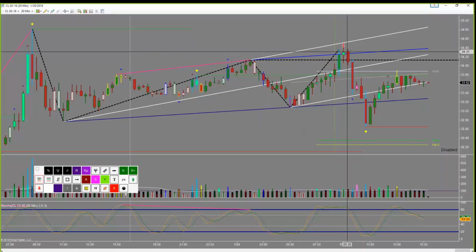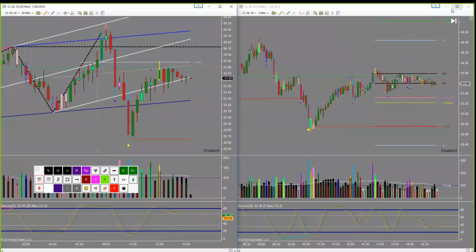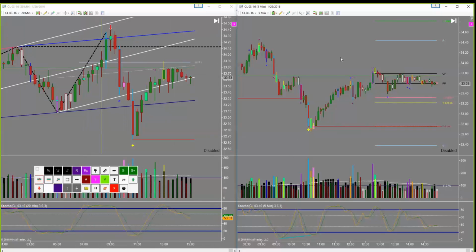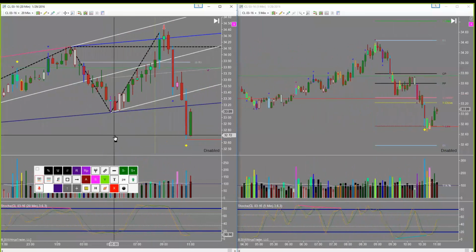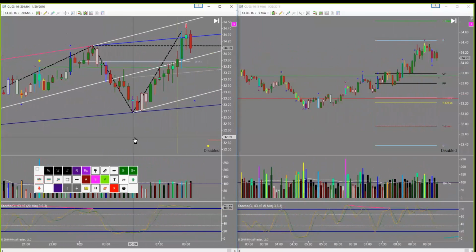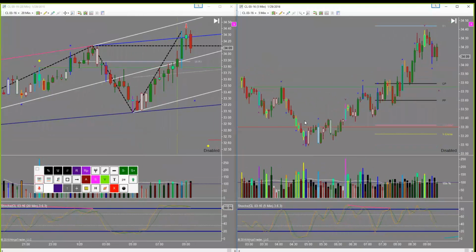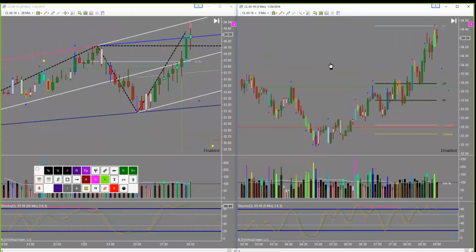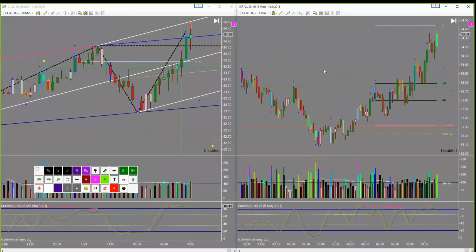All right, so we want to fine tune this, and then we go down to the 5-minute, and I've got this really cool little tool here built into the toolbar that when I click on it, click on a chart, and then click on a new chart, it allows me to scroll simultaneously. This is perfect for back testing by hand. I don't know why Ninja never included this in their platform.